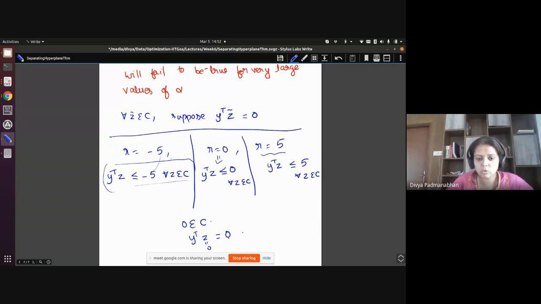So it's not true that Y transpose Z will be less than or equal to some negative value for everything. You cannot have this for every element of the set, but you can have some elements for which Y transpose Z takes a negative value, but you cannot have it as strictly positive. That's the idea.